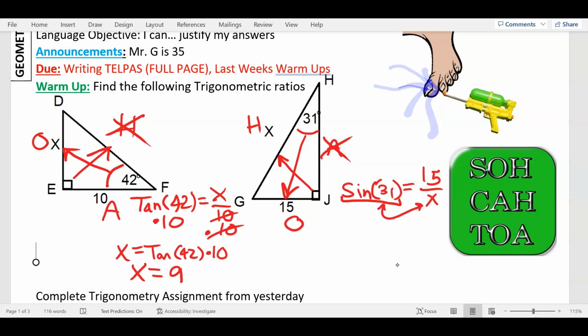It's called the switcheroo. So now I have X on the left equals 15 stays on top. Okay, that's important. And on the bottom is now sine 31. Cool. So sine 31 equals 15 over X, switcheroo. So X equals 15 over sine 31.